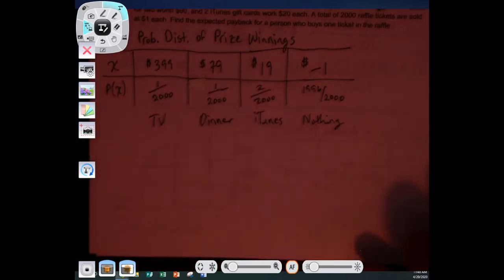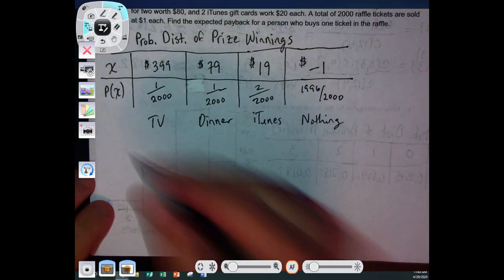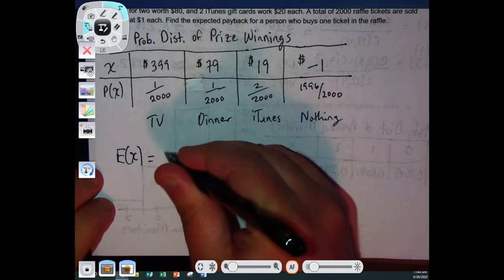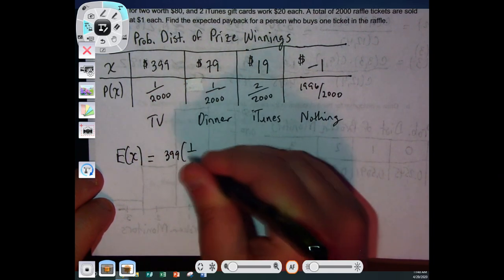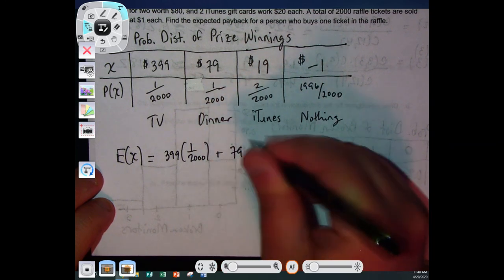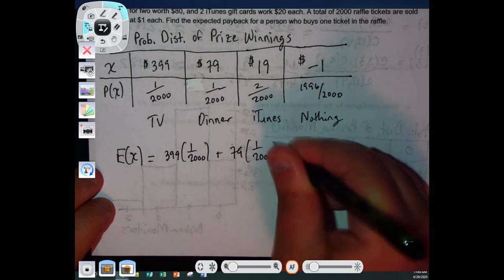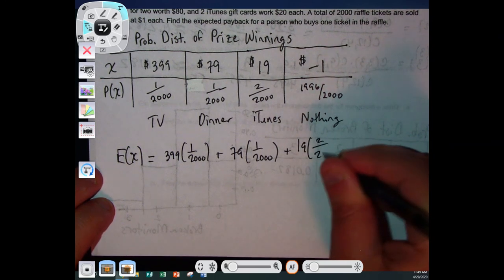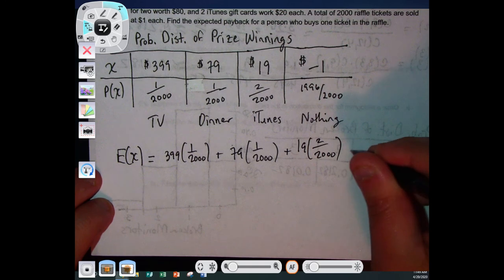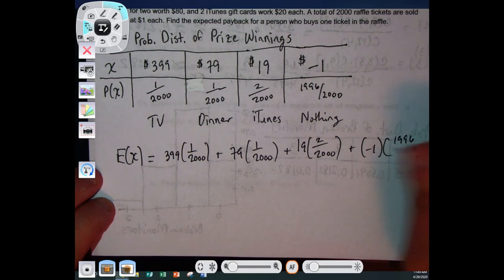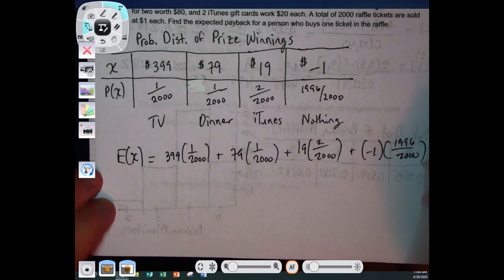So, to find the expected value, E of x, we have to do 399 times 1 out of 2,000, 79 times 1 out of 2,000, 19 times 2 out of 2,000, and then -1 times 1996 out of 2,000.